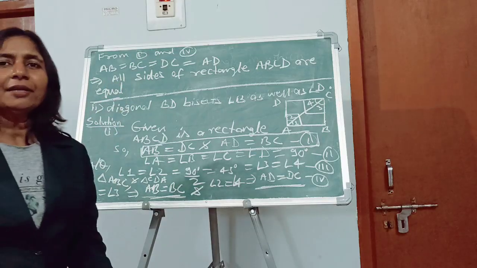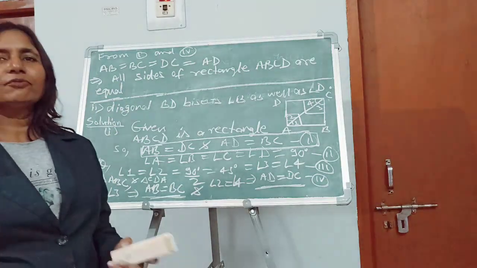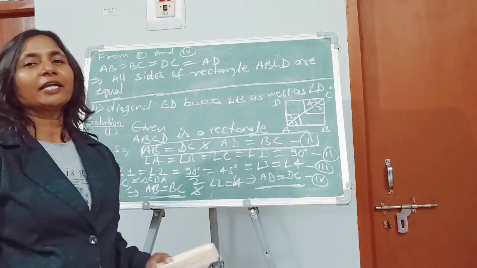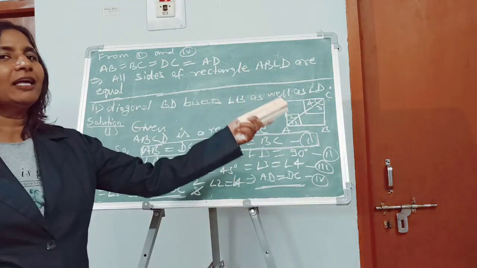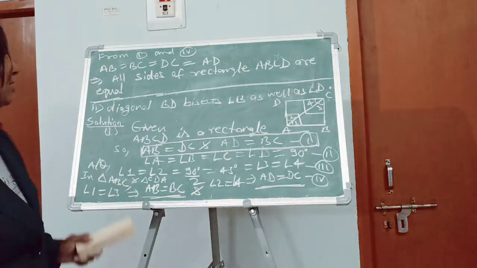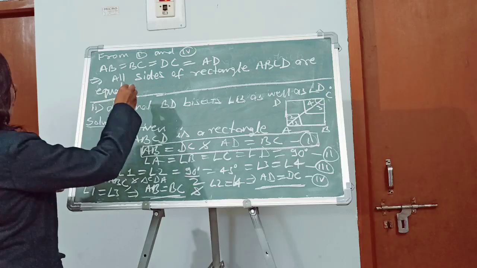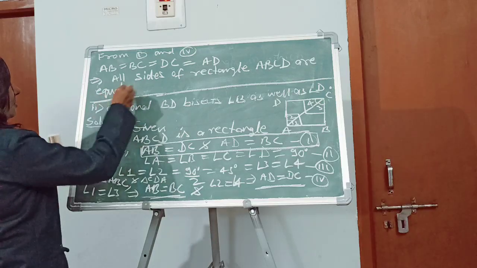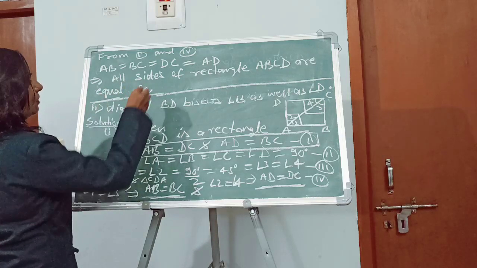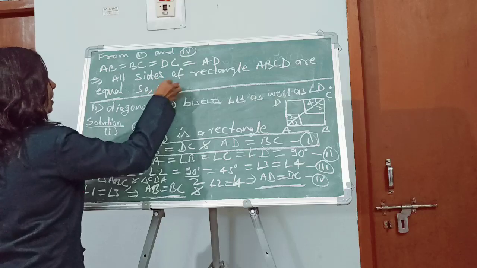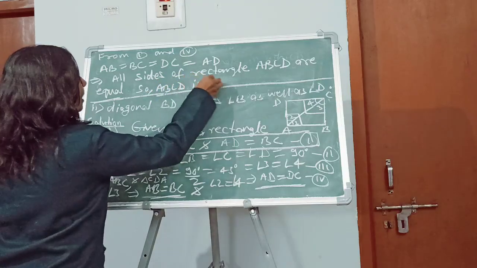So my dear children, when you remember the properties of a square, if all the sides of a rectangle are equal, then this rectangle will be called a square. So ABCD is a square.